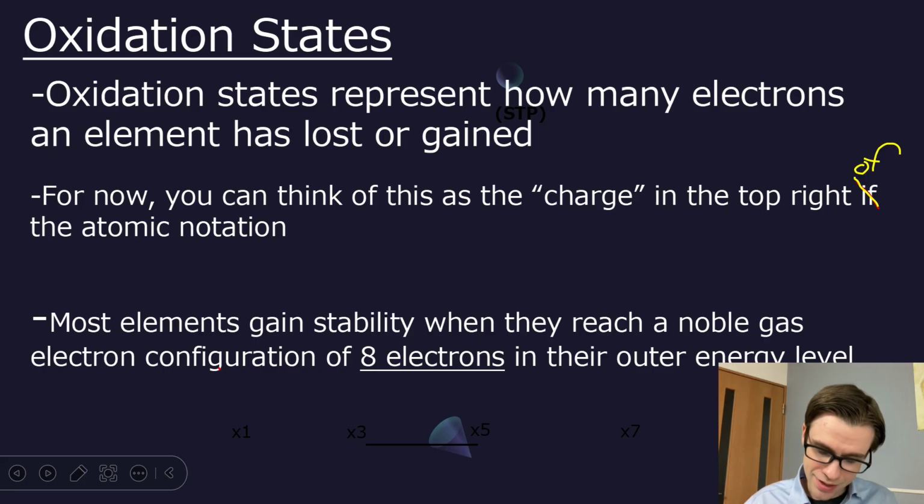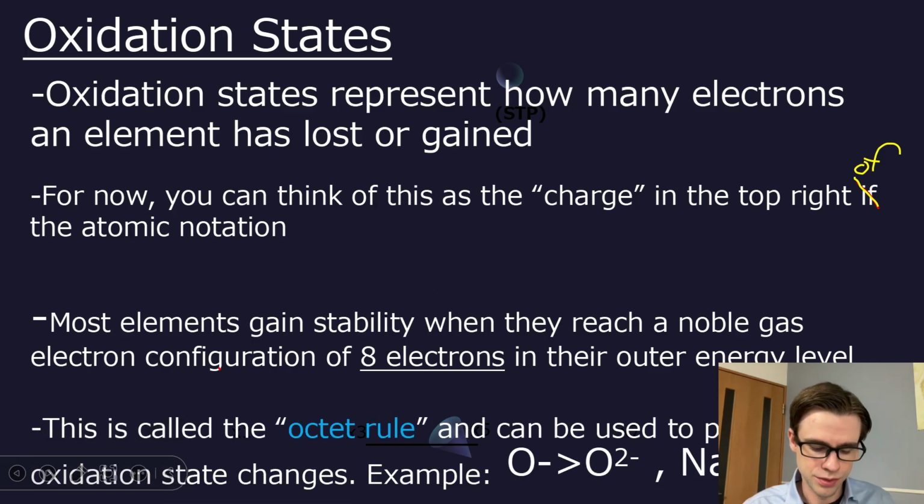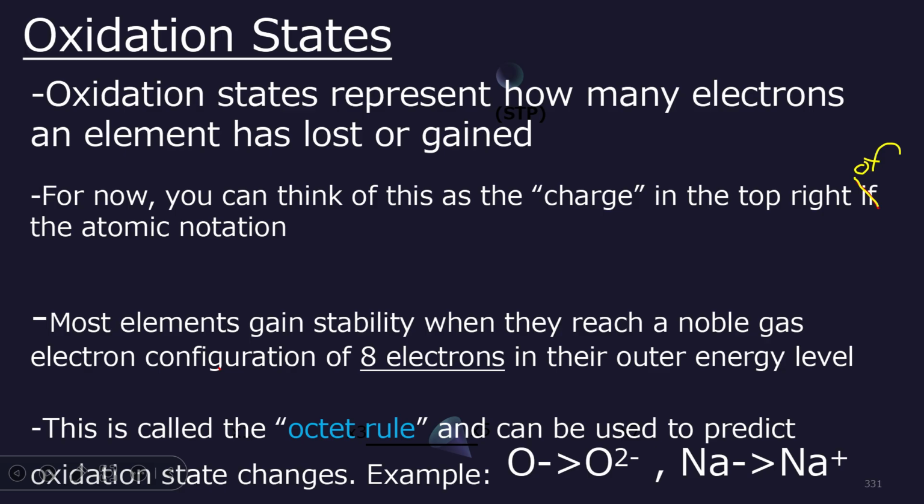Okay, most elements gain stability when they reach a noble gas electron configuration of 8 electrons in their outer energy level. Things beyond helium and hydrogen just need to get their 2 electrons to be stable or lose all of the electrons. But things beyond that need to get 8. They need to fill their s and p orbitals to get a stable noble gas configuration. So this leads us to this idea of the octet rule.